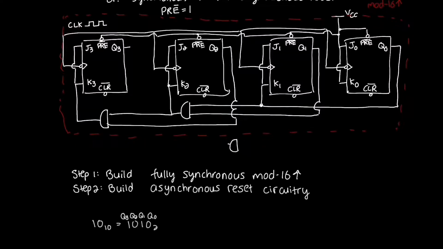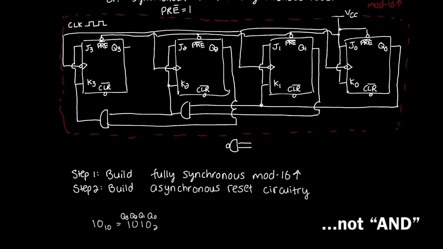So let's do our reset circuitry. Recall that the reset circuitry in an asynchronous reset circuit simply consists of a NAND gate, and the inputs to the NAND gate are simply the bits that are high in the first invalid state.